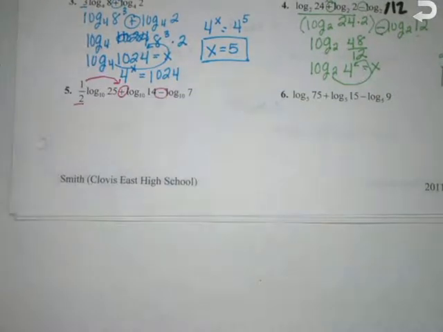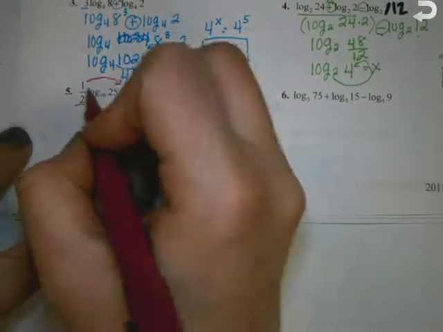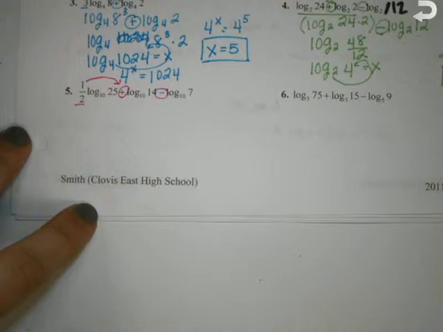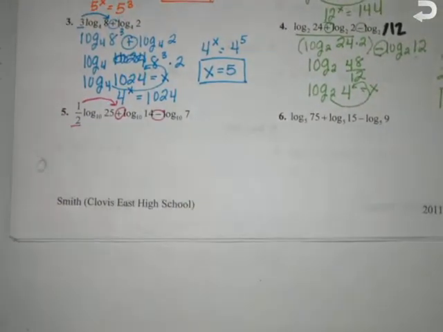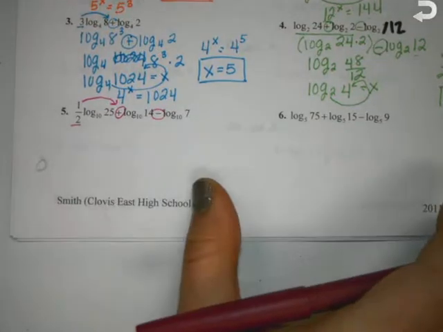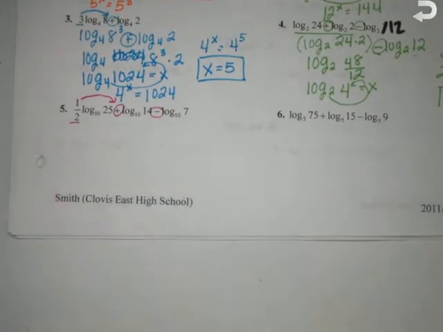We go left to right, except we take care of power rule first. So power rule, when we're condensing, comes first. And then we just go left to right. Since we're condensing, we're going backwards, so we have to do powers first. If you're expanding it, you do powers last.